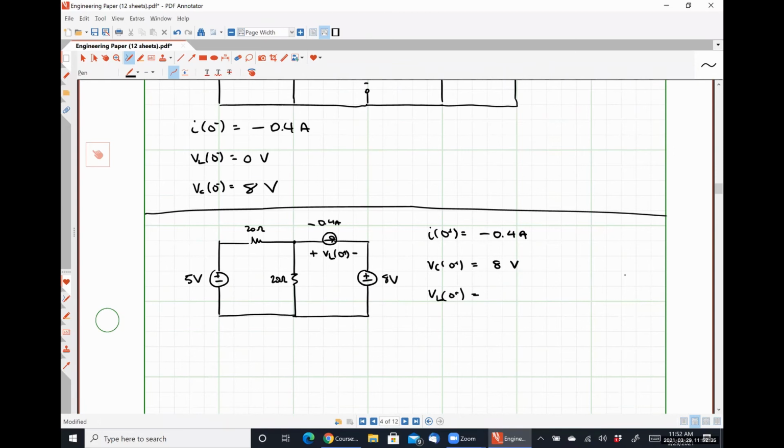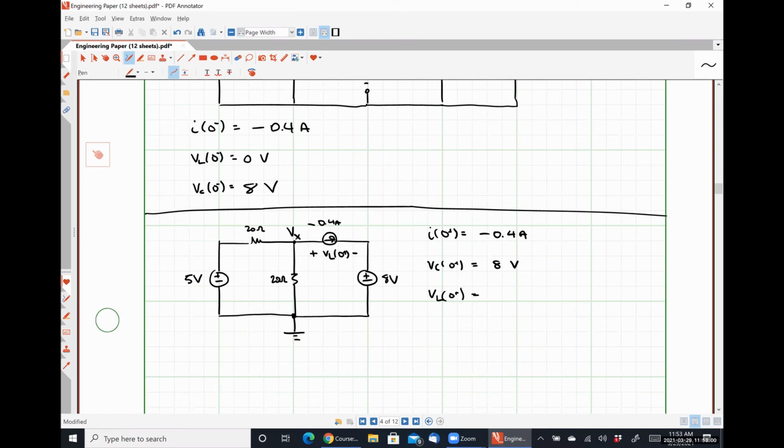Pardon? Nodal analysis. Okay, that seems reasonable enough. So what do you want to choose as our reference node? The bottom. All right. So here is our reference. Here is the only node, I'm just going to call it Vx, that we don't know the voltage of.